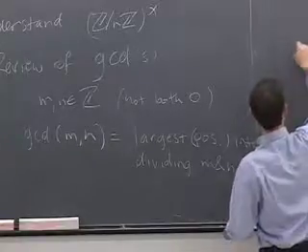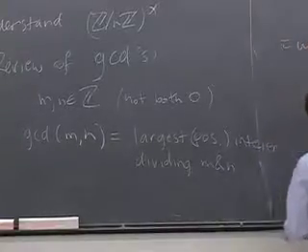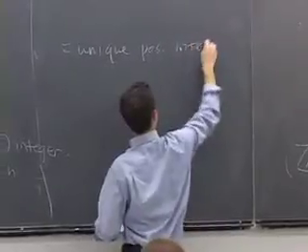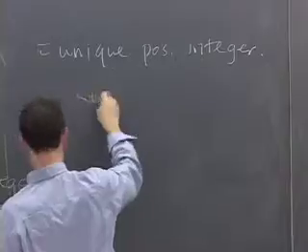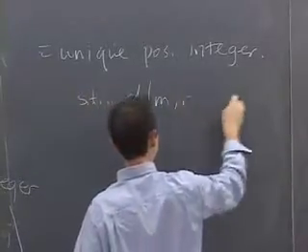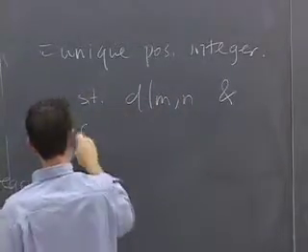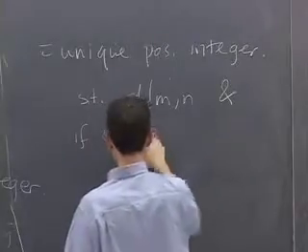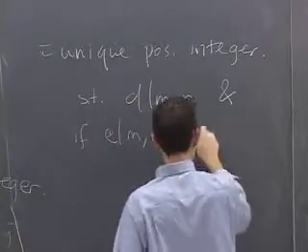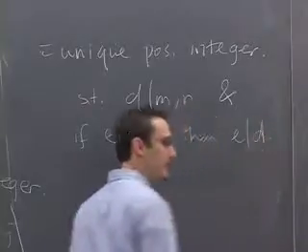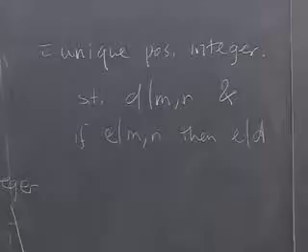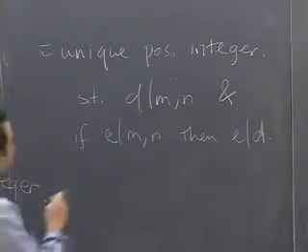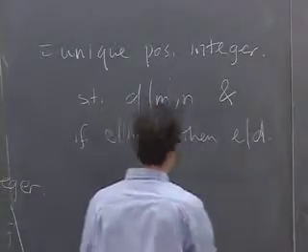So this is the unique positive integer D such that D divides m and n, and if E divides m and n, then E divides D. And it's very easy to verify, you've surely done this in another course, that this number has this property.